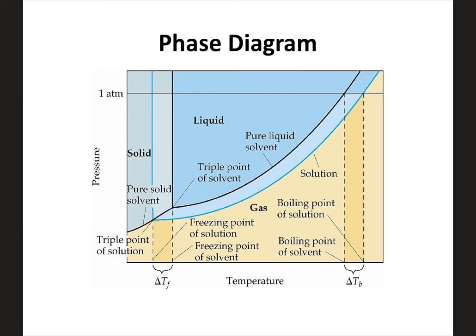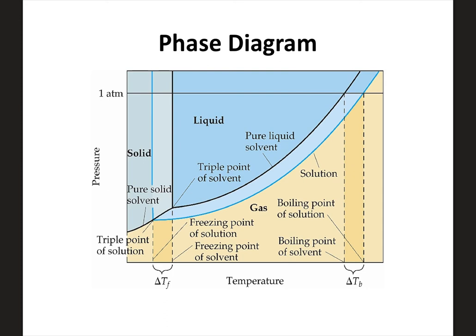And if you notice here, you can see the freezing point of the original solvent and then the freezing point of the solution. Okay, so this line here would be the line that represents going between solid and liquid. So as you go from the liquid to the solid, that would be freezing.